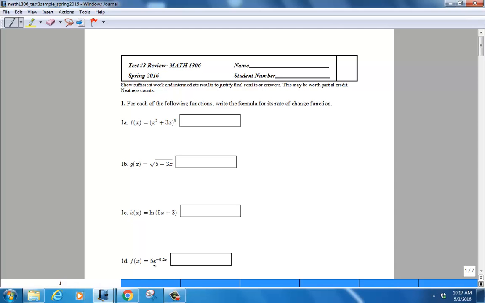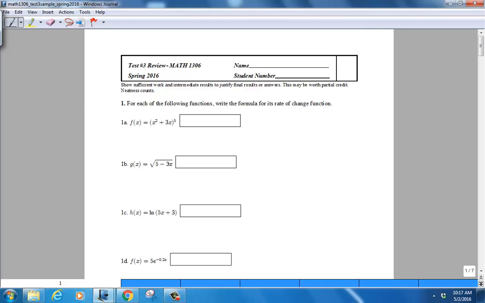Let's look at 1B, and these are just problems to find the rate of change or the derivative function. So these are applying either probably the chain rule or the product rule to find a rate of change function for a particular function. All right. So I'm looking at B now, where we have a square root.